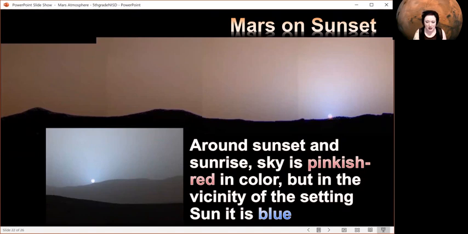At the same time, there's lots and lots of dust particles in the atmosphere, and it is those dust particles that are giving us this reddishness in all directions. At the same time, because of the specific type of dust particles, the same particles that make the surface of Mars reddish, they also reflect in a certain way, and so what we get is this bluishness at sunset.